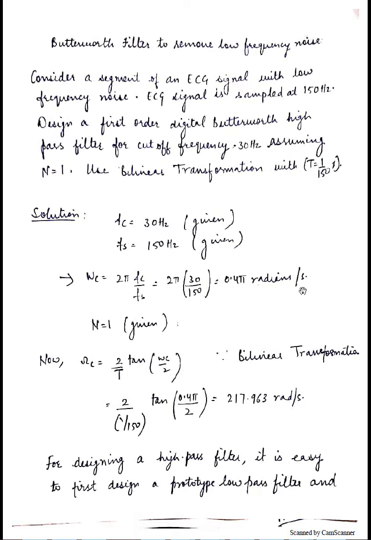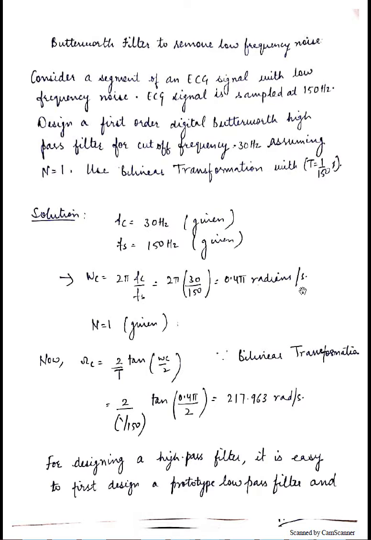If you keep this and solve, you will get the frequency in the analog domain as 217.963 radians per second.